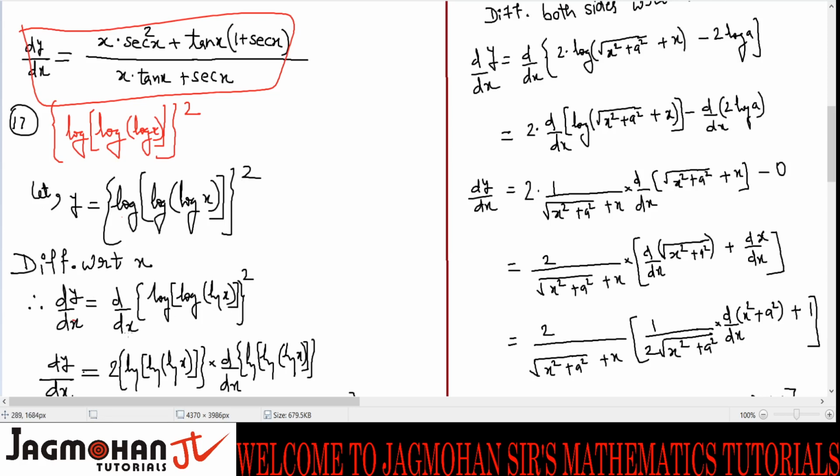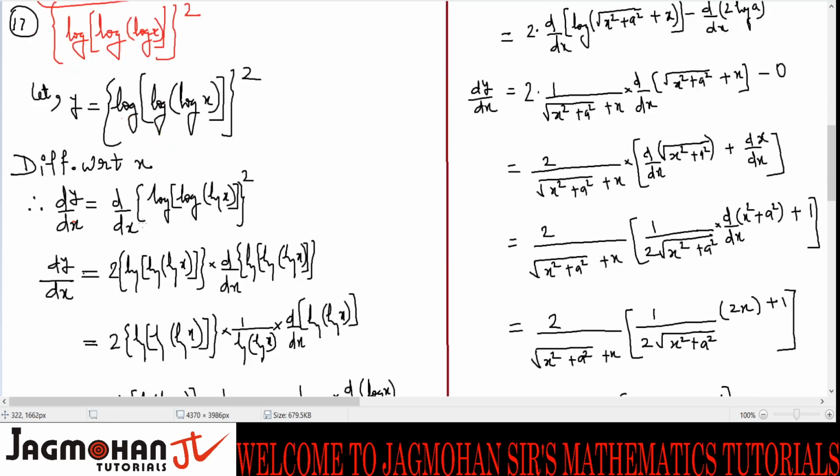What happens next is, this function is to be recognized. I need to know what kind of function this is. Okay, fine. Students, see, this function, you see logs, but this function is not a logarithmic function. The reason for that is this 2.